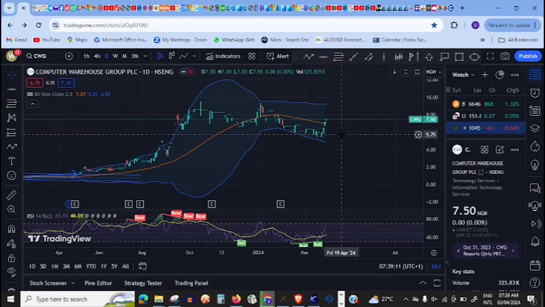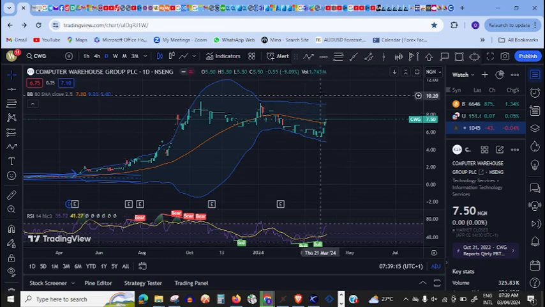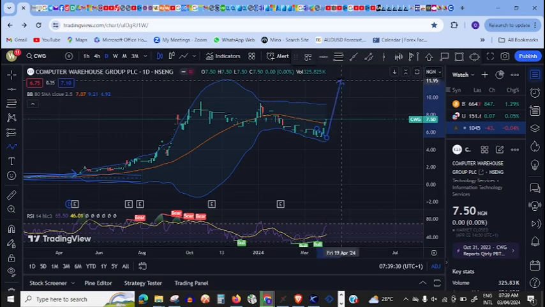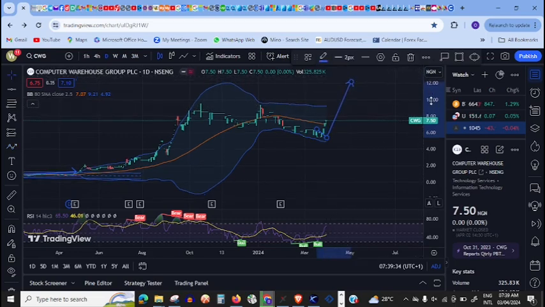This should have been the best entry around 5 naira 75 kobo. And you see that the Bollinger Band is closing up. So when the Bollinger Band is closing up like this, we expect to see volatility. So if the market can have enough strength to push this band, it can get to somewhere around here, which is 12 naira 15 kobo.